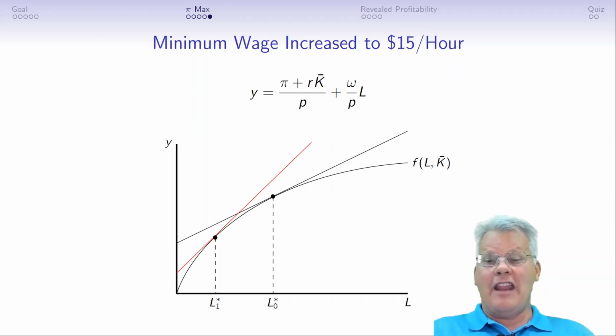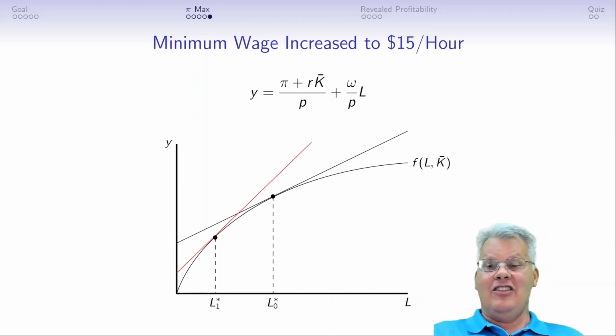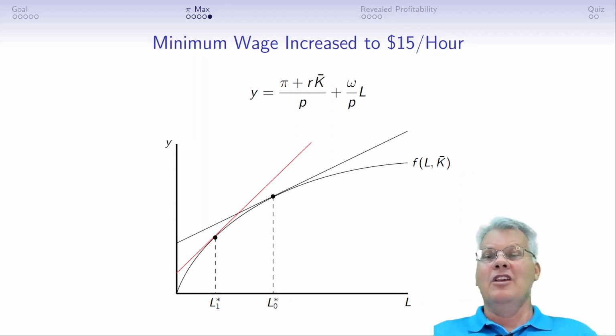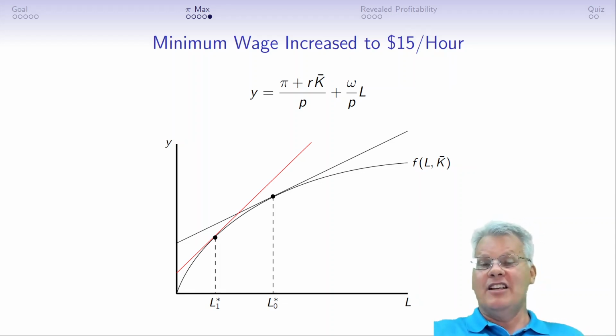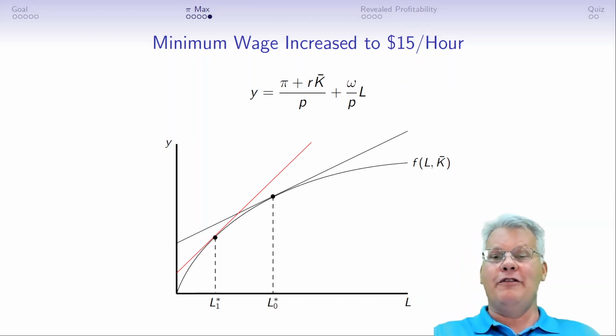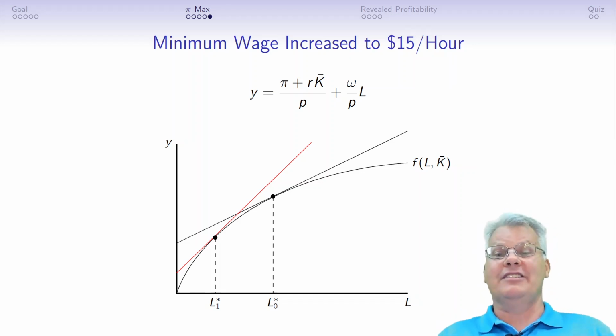The net effect is that the tangency with the production function will occur at a smaller level of labor input. So if the minimum wage were increased, the quantity of labor purchased by perfectly competitive firms would decrease. Okay.